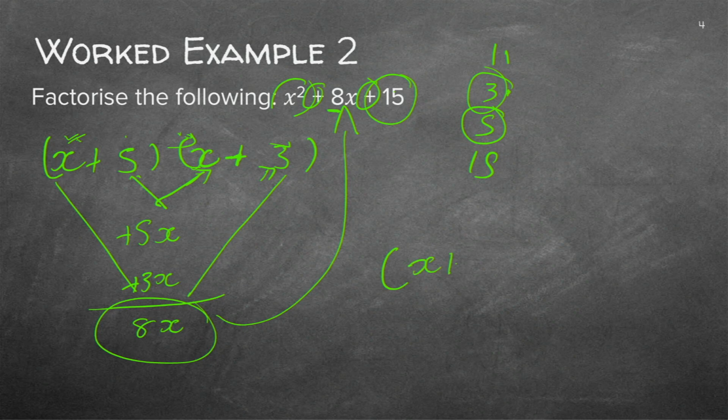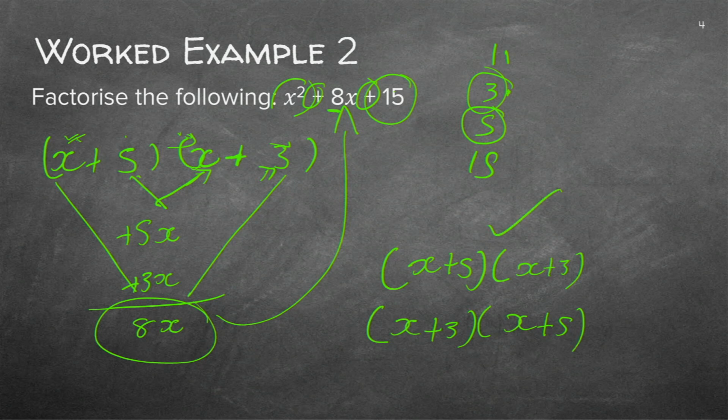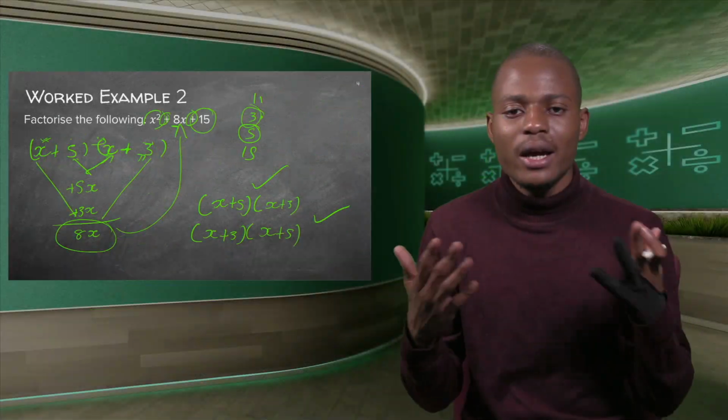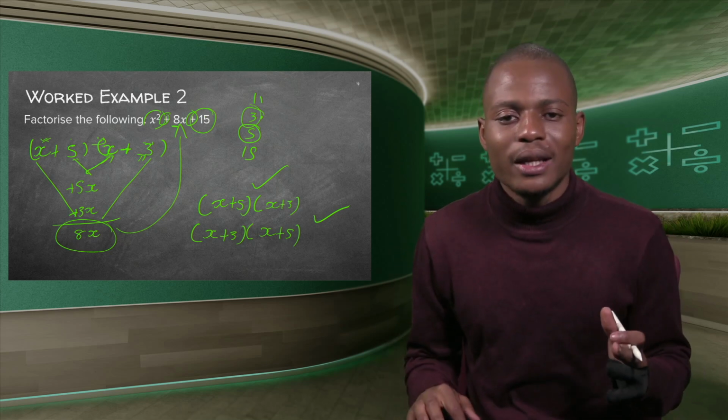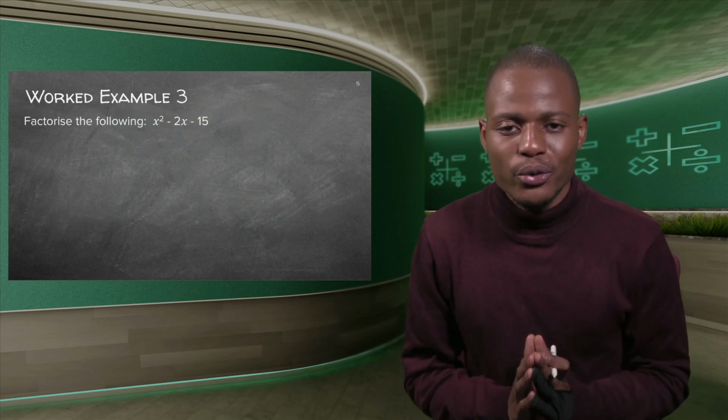It's going to be x plus 5, open another bracket, it's x plus 3, or you can write it in this form: x plus 3 and x plus 5. So the nice thing, once you have positive values, everything is okay, so you can write them in any way that you want. All right, let me do the last example for you.